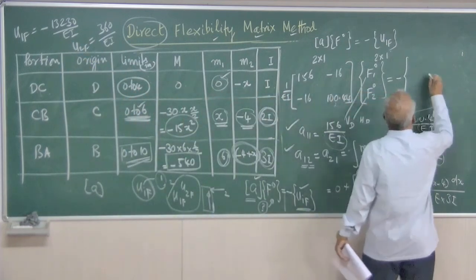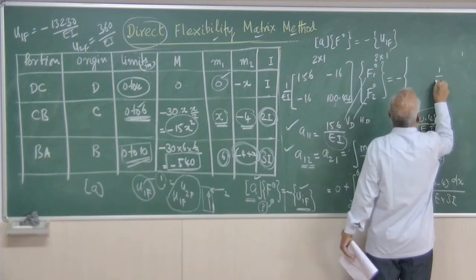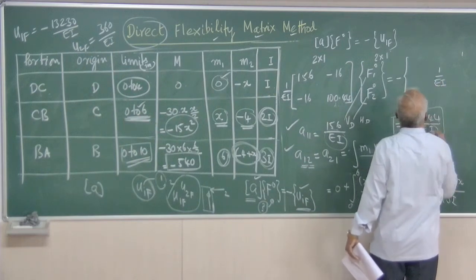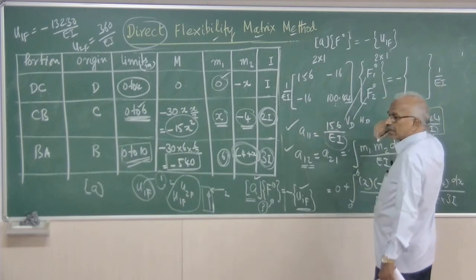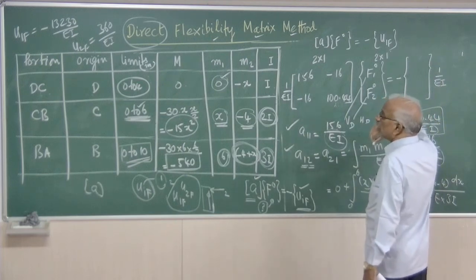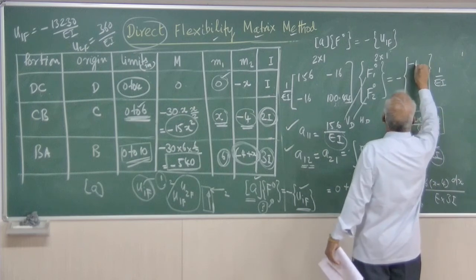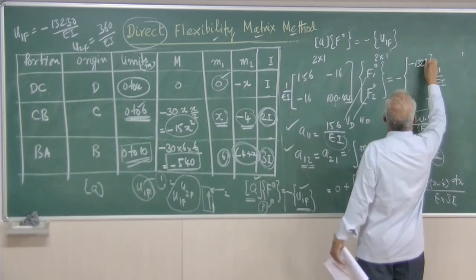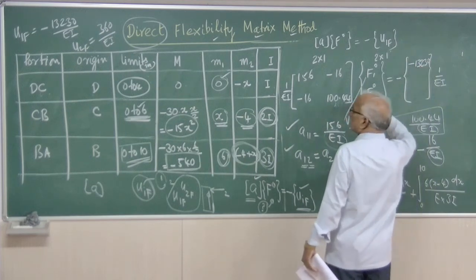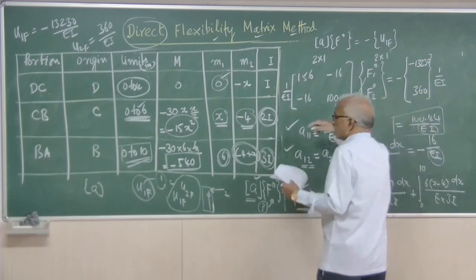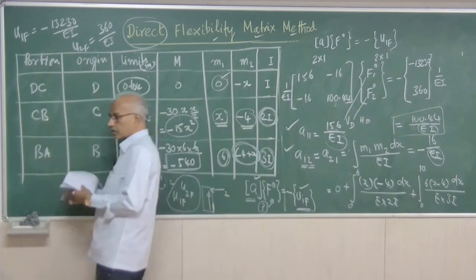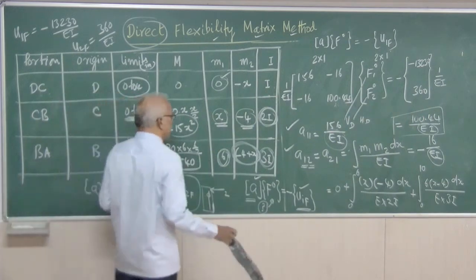Here also we can take 1 by EI outside. So minus 13,230, and this value is 360. So that is the compatibility equation.